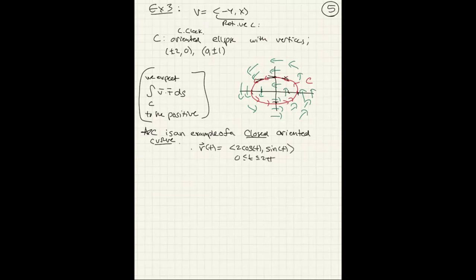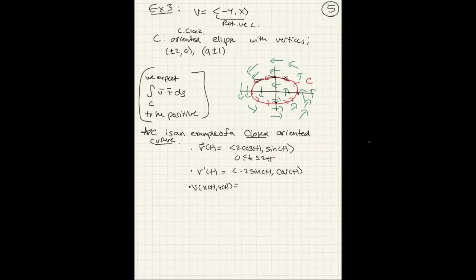This tells me r prime of t is negative 2 sine of t, comma cosine of t. And let's figure out what v of x of t, y of t is, because this is an ingredient that we will need in our integral soup.